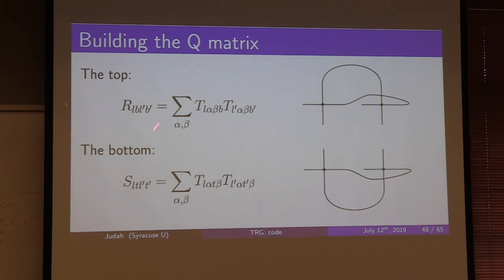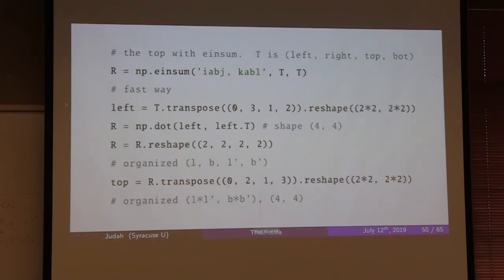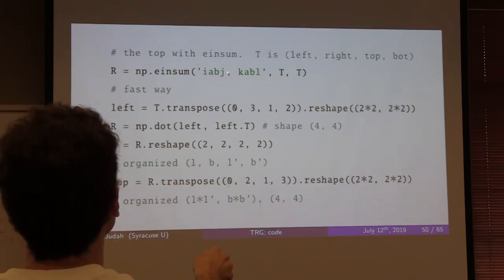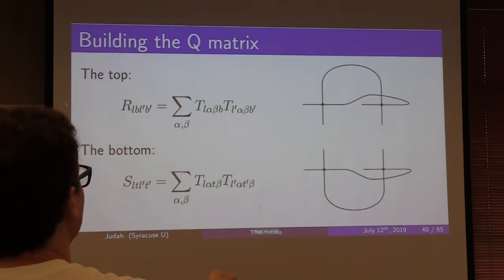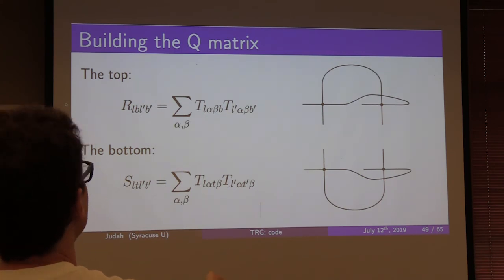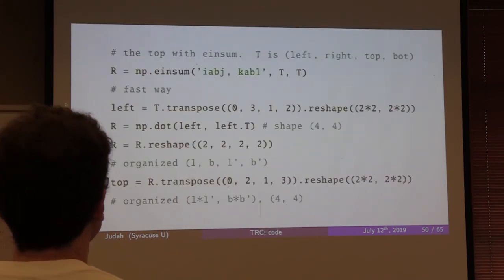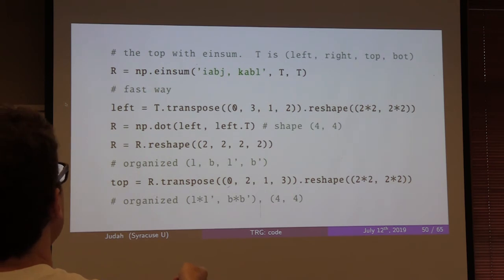And so you need to carry this out using your reshape. So if you just want to do it the Eigen way, I've got it on the top here. So you're contracting just these middle two indices, and you're leaving the left and bottom free on the top. So left indices and bottom indices free, and you're summing over the other ones. Or you can turn it into matrix multiplication.